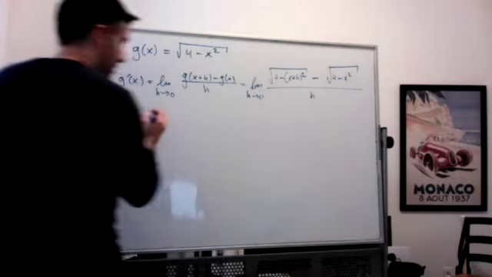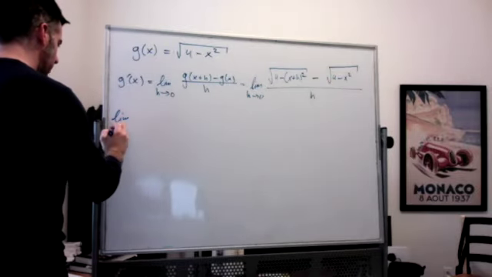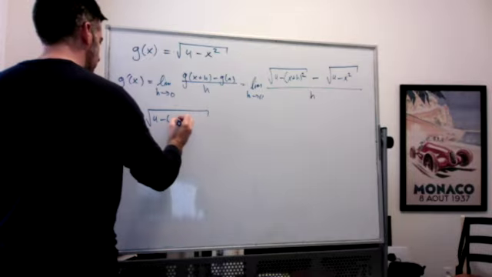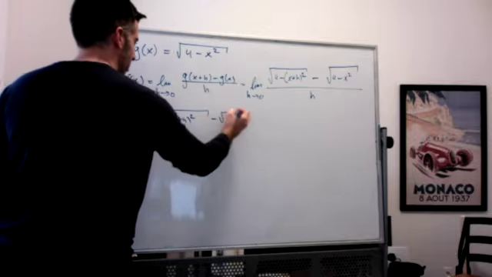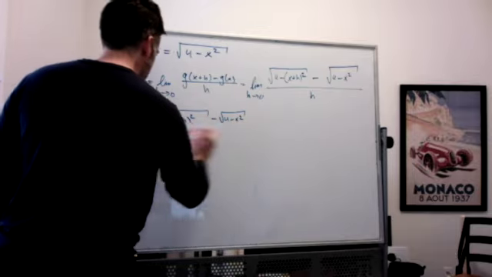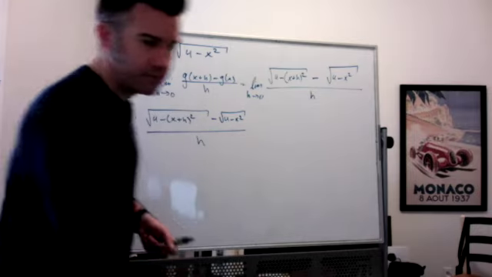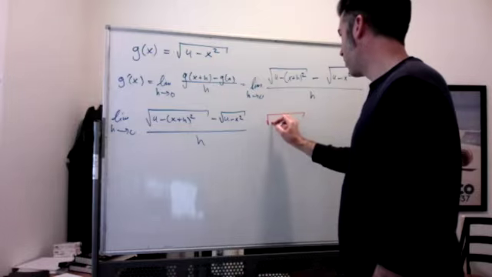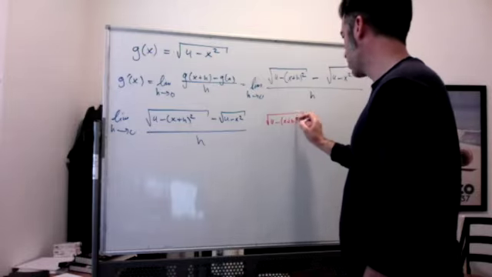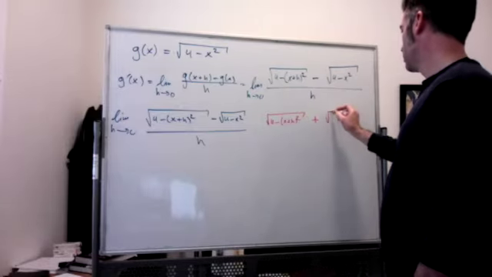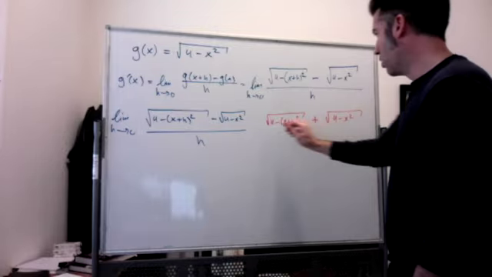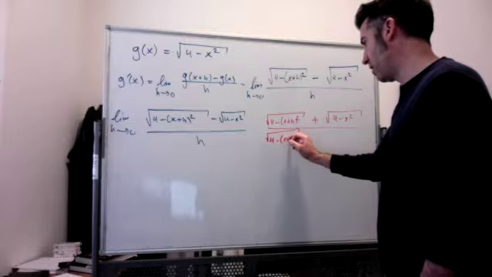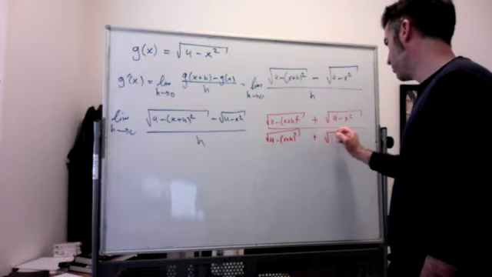So we're going to rewrite this as the limit as h goes to 0 of the square root of 4 minus x plus h squared minus the square root of 4 minus x squared over h times the square root of 4 minus x plus h squared plus the square root of 4 minus x squared over the same thing, right? Because we're only ever allowed to really multiply by 1.